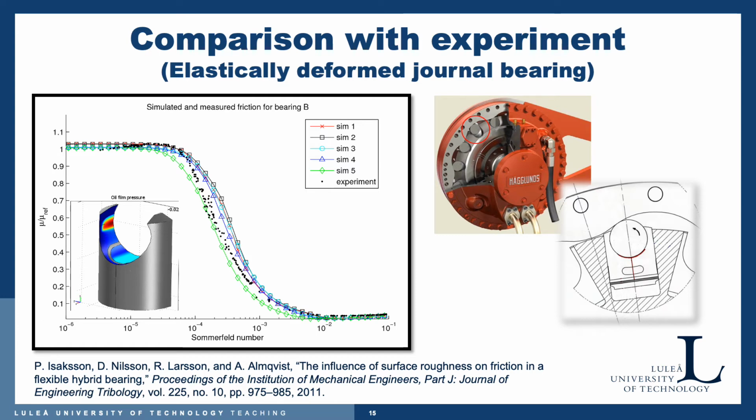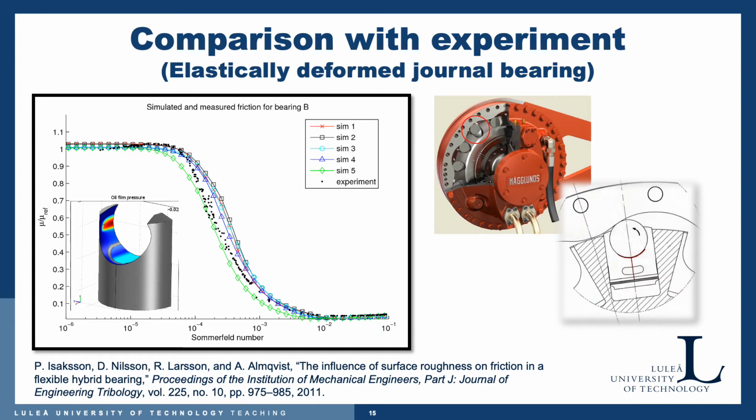Trend-wise, they all look like Stribeck curves. But if you look at the difference here, for example, in this regime, where it comes from full film lubrication and approaches boundary lubrication over here, we have quite a big discrepancy between the simulation results.